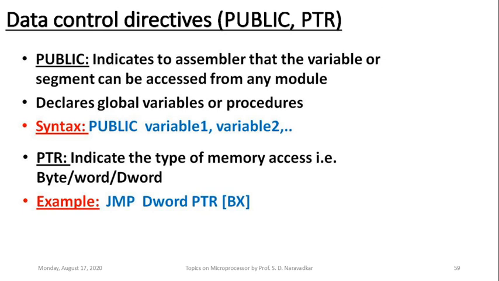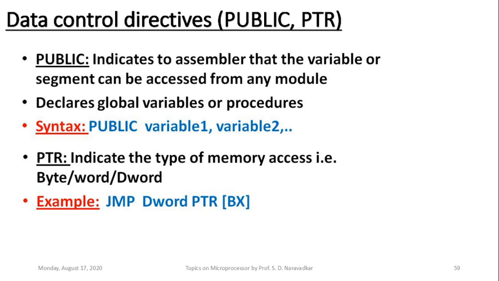It indicates the type of memory access here. The type of memory access can be a byte, a word, or a double word normally. One example which has been taken here is JMP, jump, DWORD PTR, inside square brackets bx. It means a double word is to be taken from this memory location onwards: bx, bx plus 1, bx plus 2 and bx plus 3, because a double word happens to be of 32 bits.